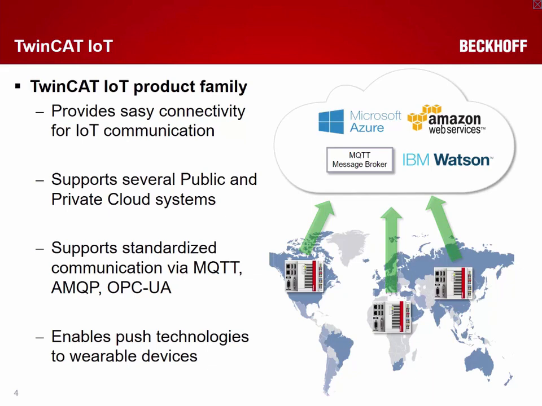So TwinCAT IoT, from a connectivity point of view, is all about standardized communication, which means you can use protocols like MQTT, you can use AMQP, and you can, of course, also use OPC UA to establish connectivity to one of these cloud services. TwinCAT IoT also has its own smartphone app, and it therefore also enables push technologies to wearable devices.